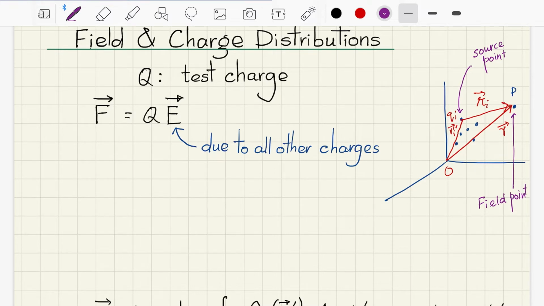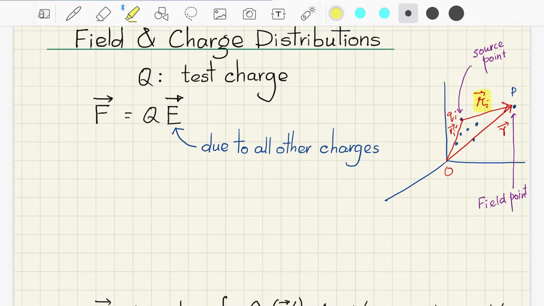Especially note the symbol that I comply with Griffiths, that the source to field vector is of this kind. This helps in writing it, because you don't always have to write the vector difference.